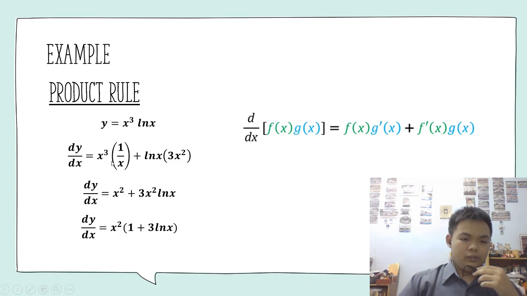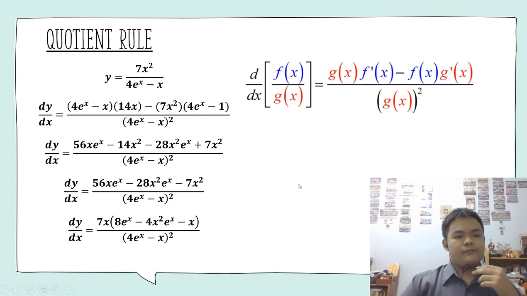So after this, we combine this, and it will become x squared plus 3x squared ln x. We take the x squared out, and it will become x squared times (1 plus 3 ln x). So this is the part on the product rule.